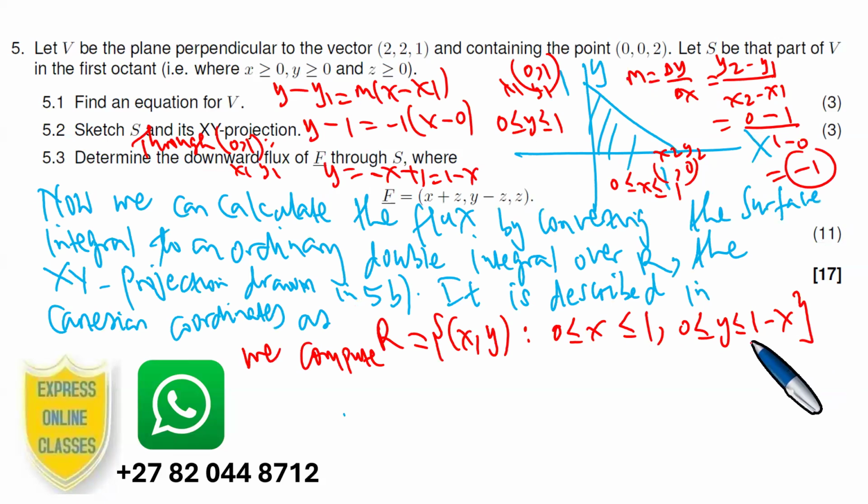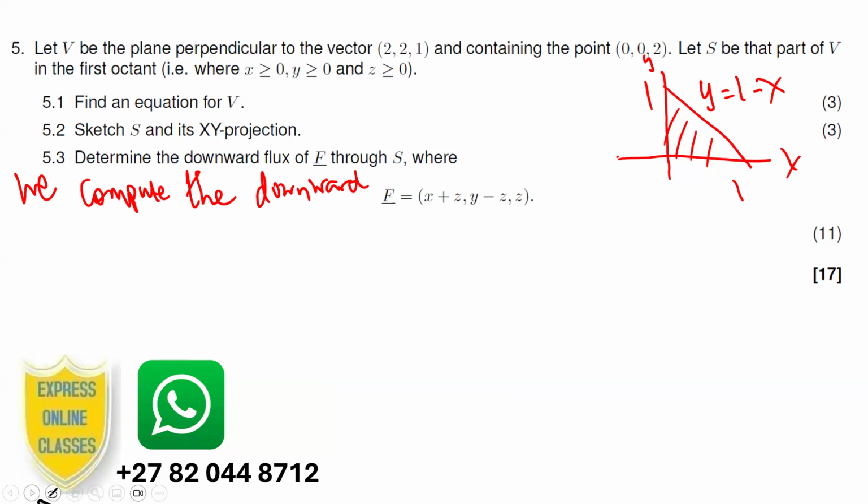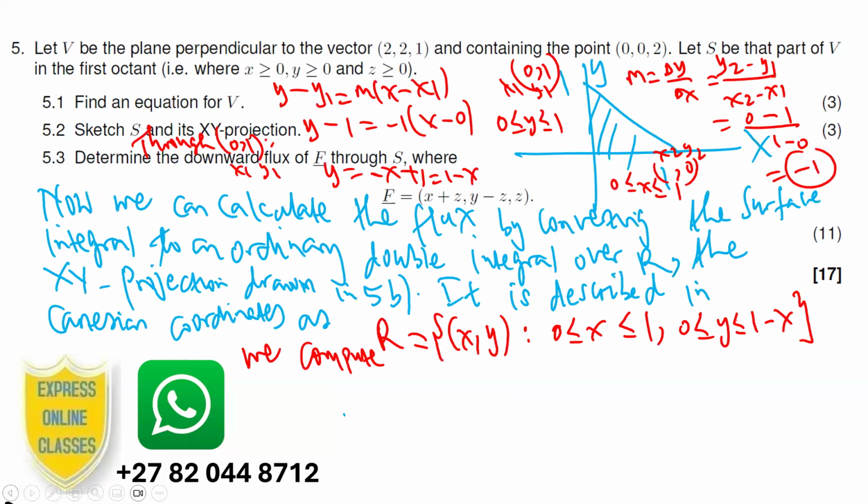I thought it was going to be 1 minus x. Yes, it is 1 minus x. Is it a square? Did I use a square somewhere?